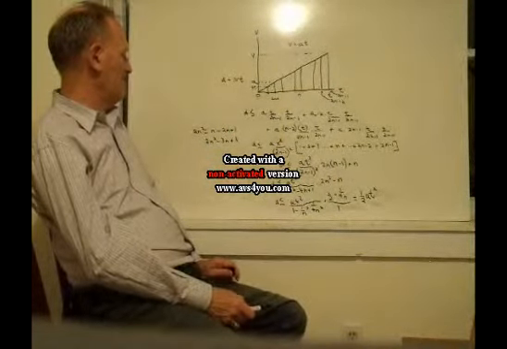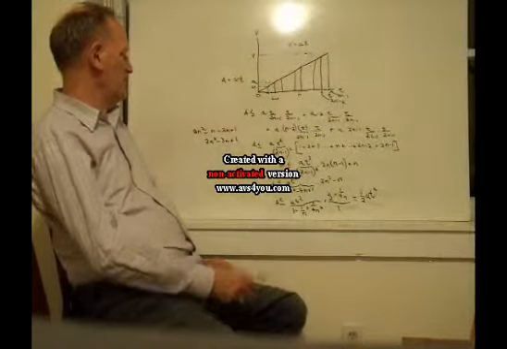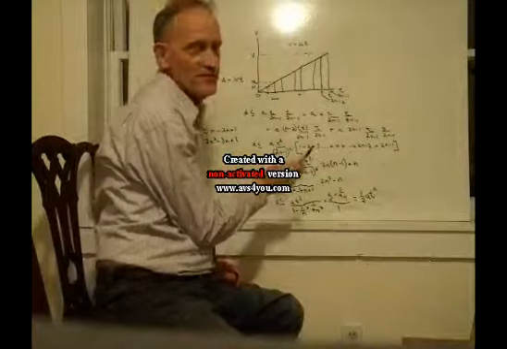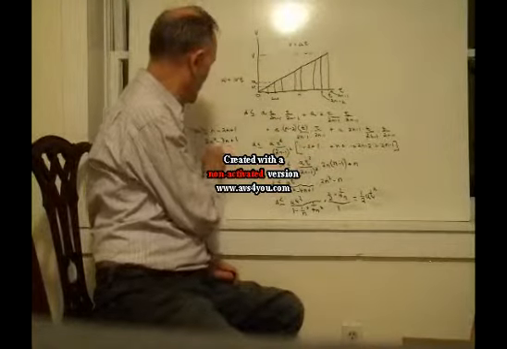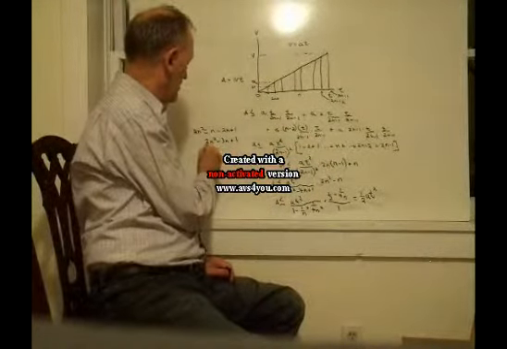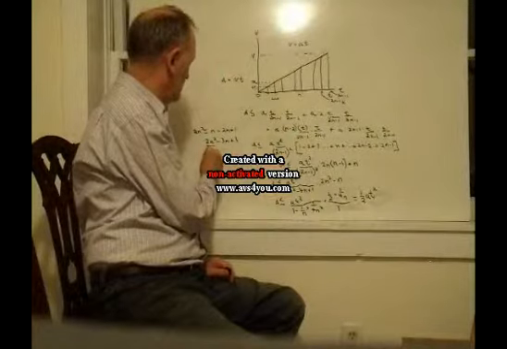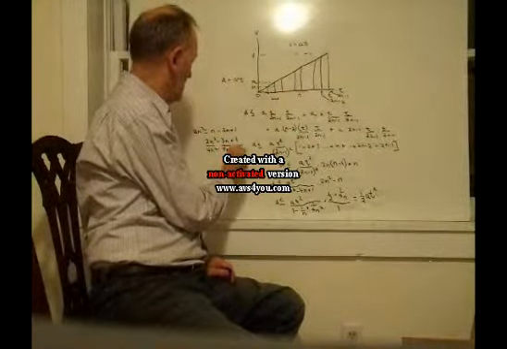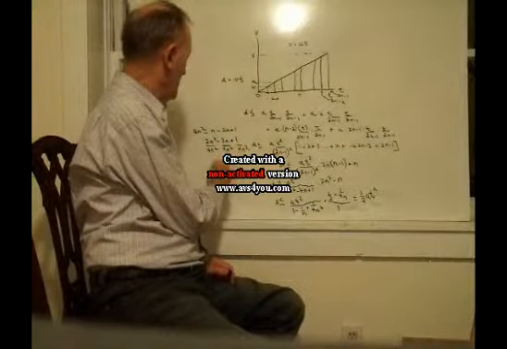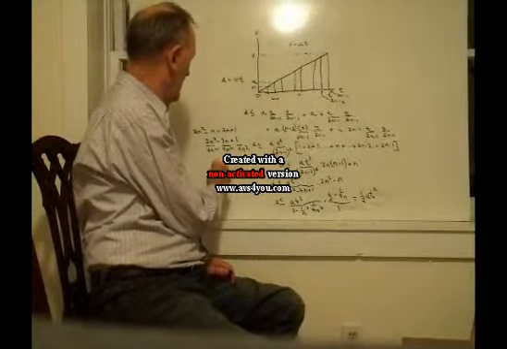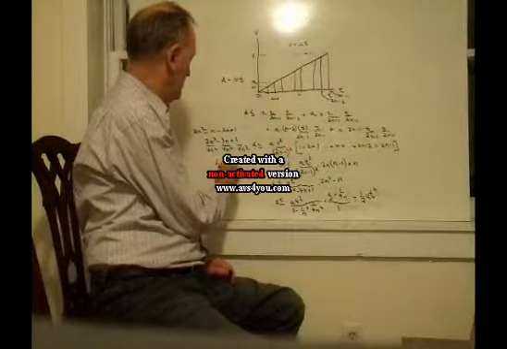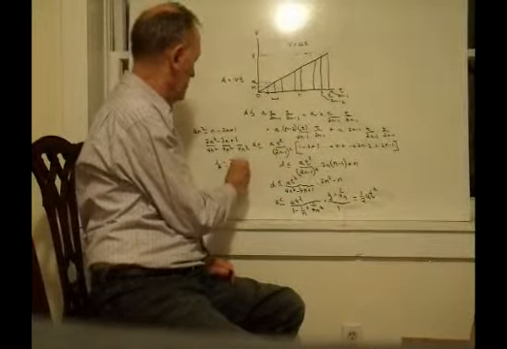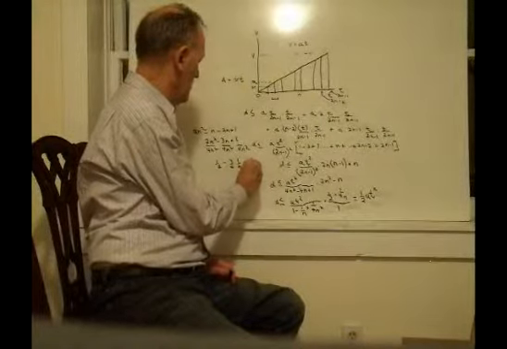But if we divide this by our 4n squared like we did the other one, we end up getting 1/2 minus 3 over 4 times 1 over n, plus 1 over 4n squared.